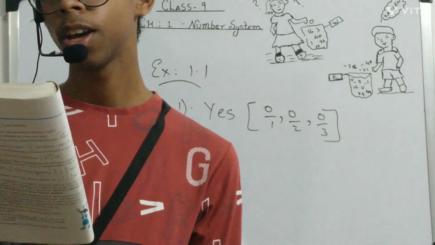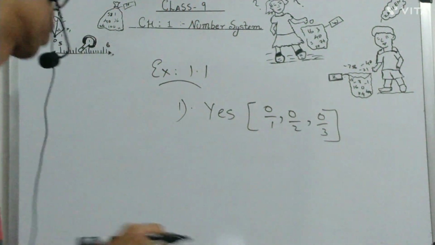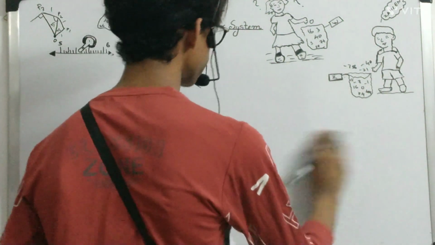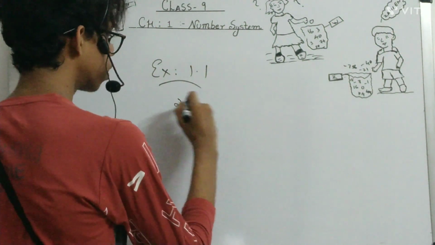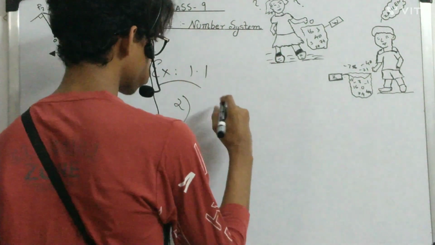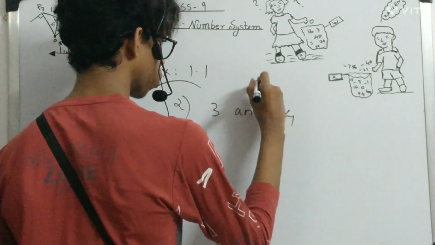Our second question is find 6 rational numbers between 3 and 4. Let's see. Our next question is to find 6 rational numbers between 3 and 4. So I will be doing it in both the methods. Okay, so they are asking me to find 6 rational numbers between 3 and 4.